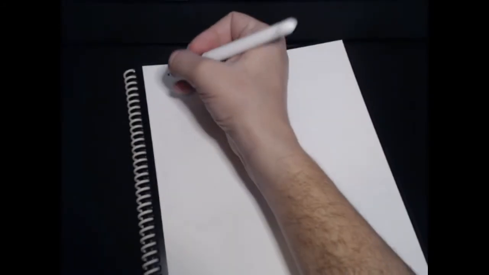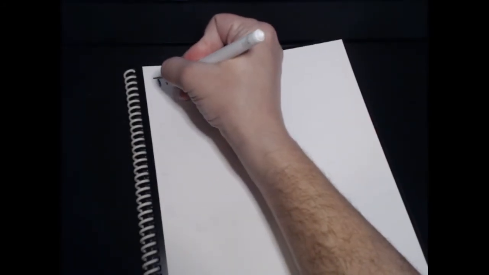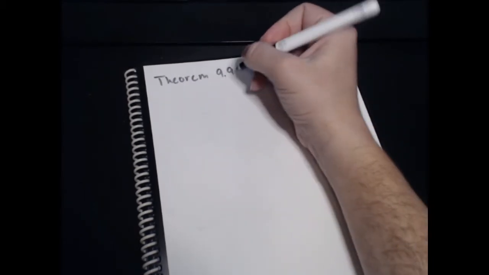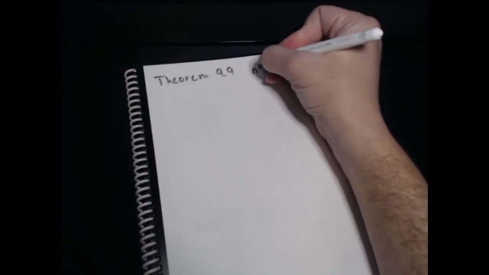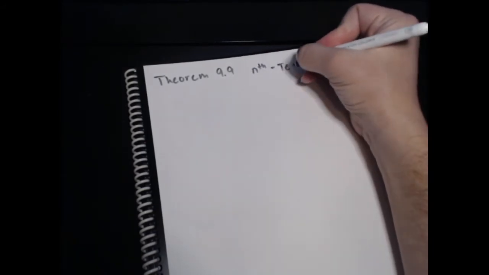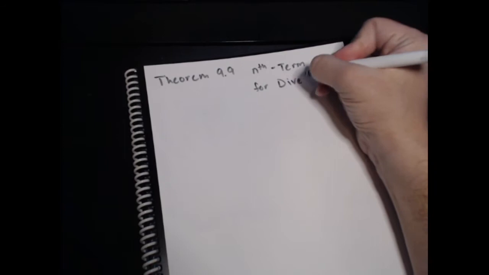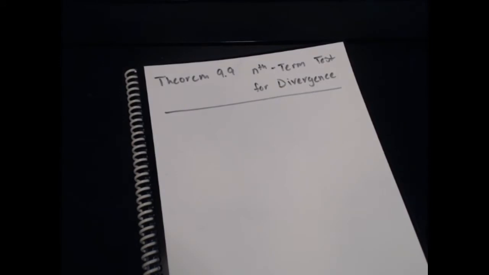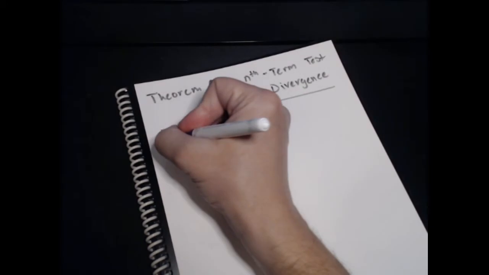It's all good. Okay, so we have theorem 9.9, and that is the nth term test for divergence. And this is a lot more basic.